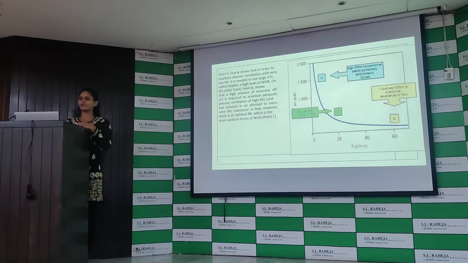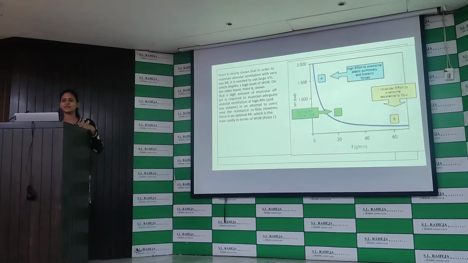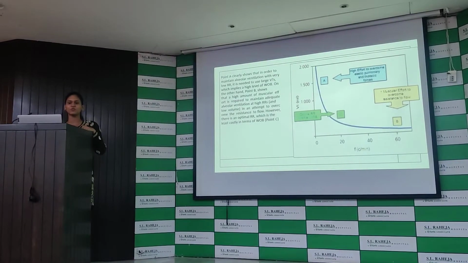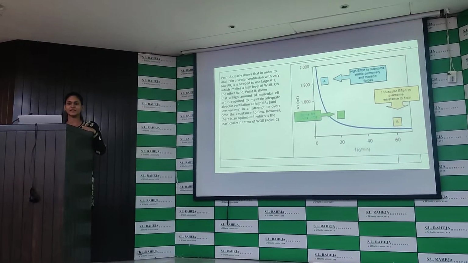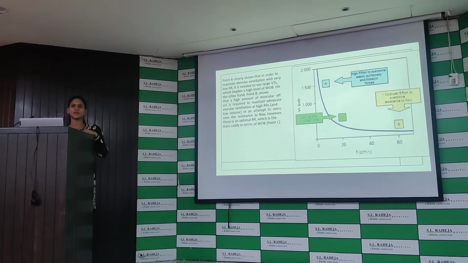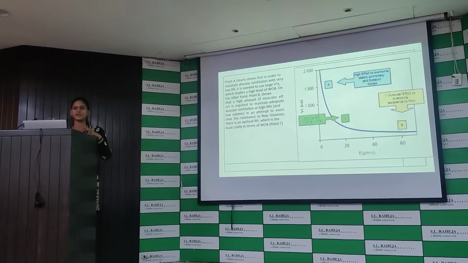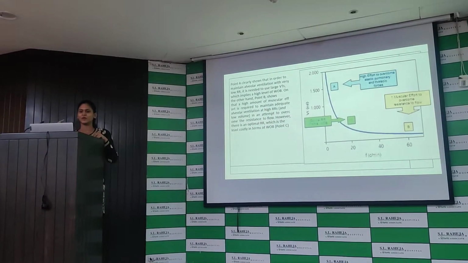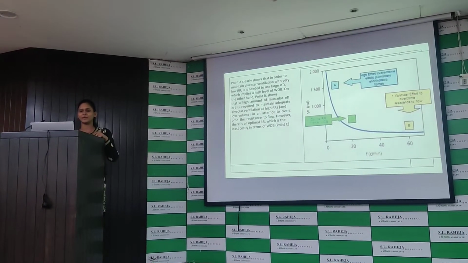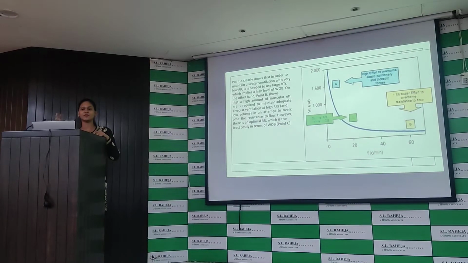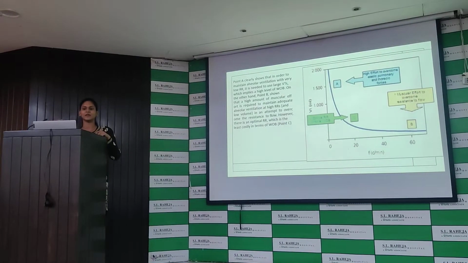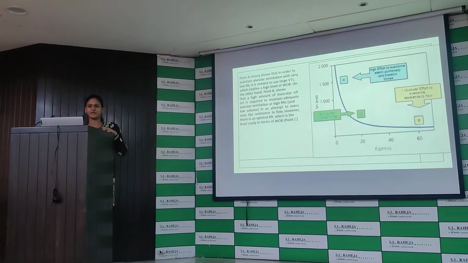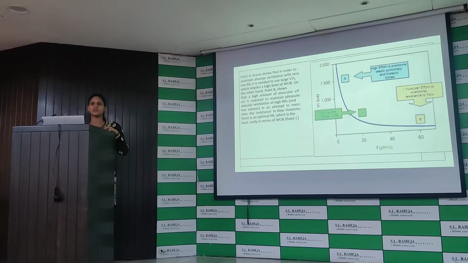Now at point A, it clearly shows that in order to maintain alveolar ventilation with a very low respiratory rate, the patient uses larger tidal volumes, which implies high work of breathing. On the other hand, at point B, a high amount of muscular effort is required to maintain adequate alveolar ventilation at a high respiratory rate, in an attempt to overcome the resistance to flow.